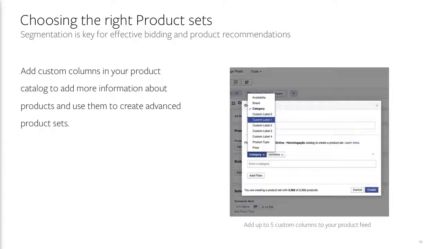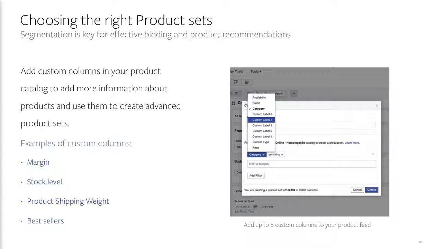You can also take advantage of advanced features, such as custom columns in your product catalog, to add more information about your items and create more advanced product sets. Some examples of custom columns that can be added to the product feed are margins, stock levels of an item, shipping weight, as well as best sellers.